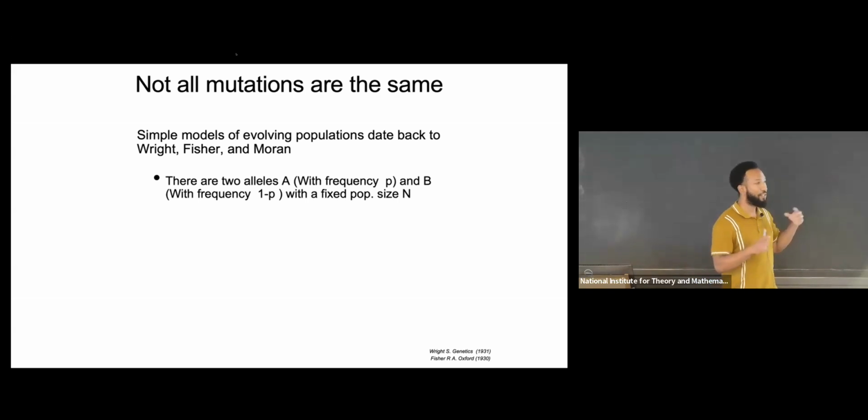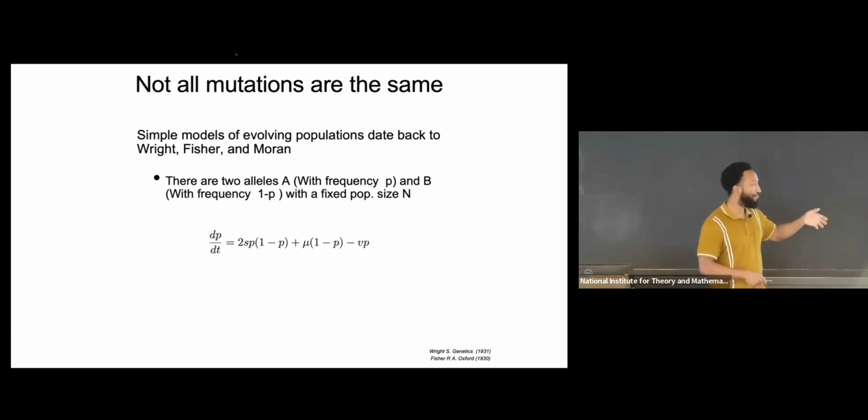Instead, they treat all of them as the same up to some time rescaling, as just a constant or some probability to change an allele. For instance, for a gene, there are two alleles, A and B, and with some frequency P you have A, and with frequency 1 minus P you have B, and there's a fixed population size.